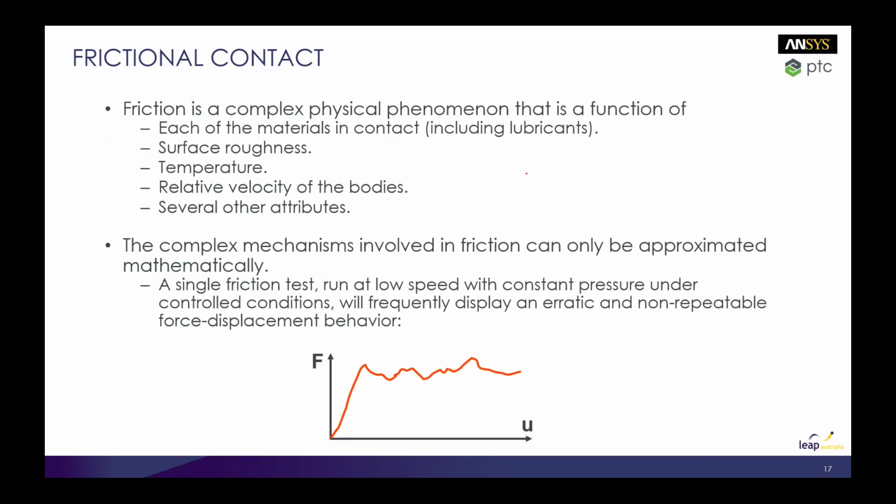So when we have friction, there are a lot of different things that determine the friction coefficient: the different materials in contact, if there's a lubricant in between, the surface roughness, the temperature, the relative velocity of the bodies, and other attributes as well.